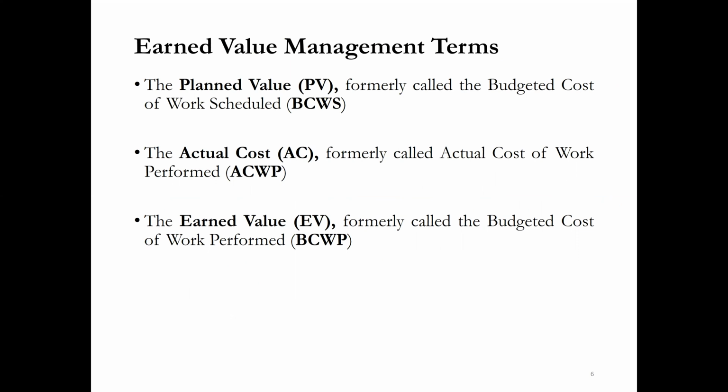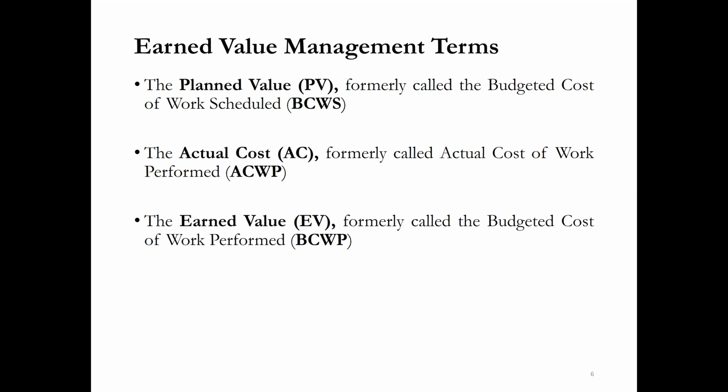Okay. So this is our original contract. Actual cost, AC, formerly called actual cost of work performed. Now we sign the contract based on our estimate, that is our PV, the budget cost of work scheduled.